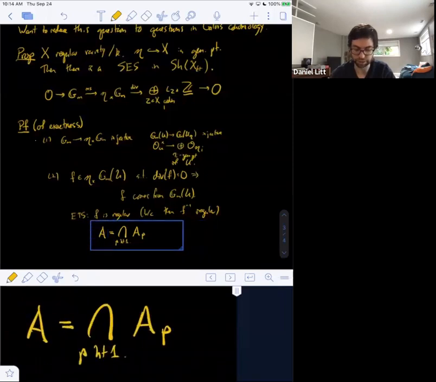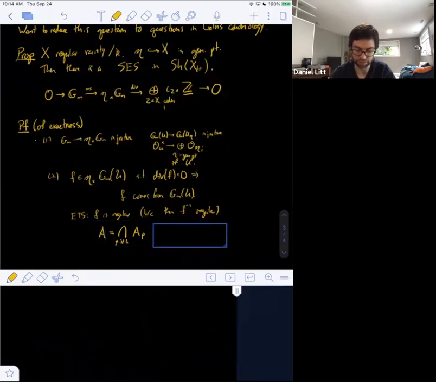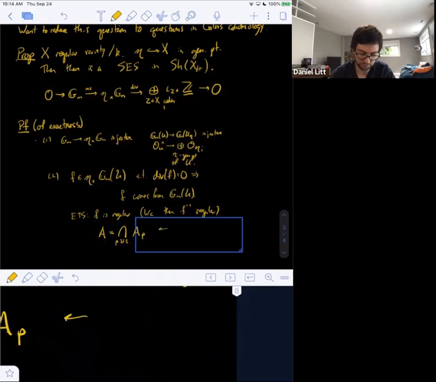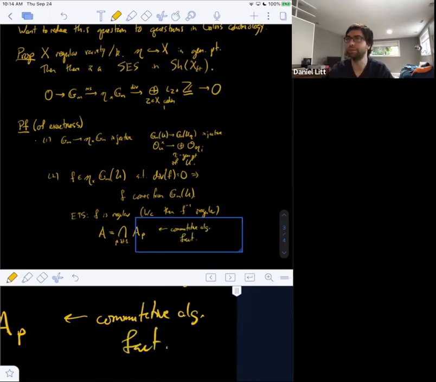And so this is exactly what it means for A to be regular. This is the commutative algebra fact we're using. Okay, and if this isn't familiar to you, that's something to maybe look up in Matsumura. Are there other questions about this?